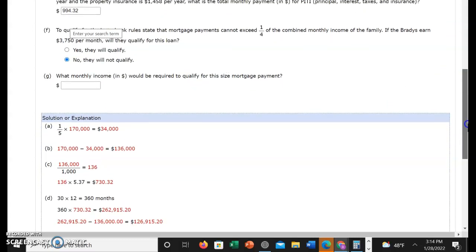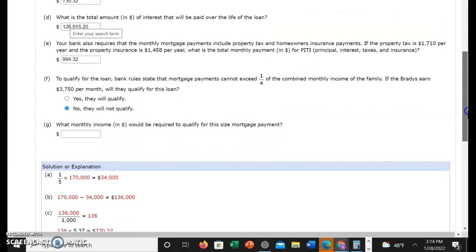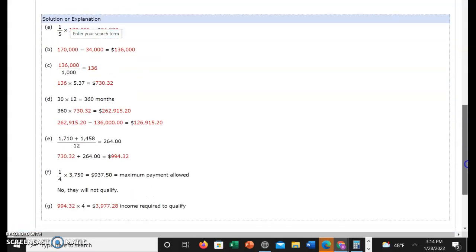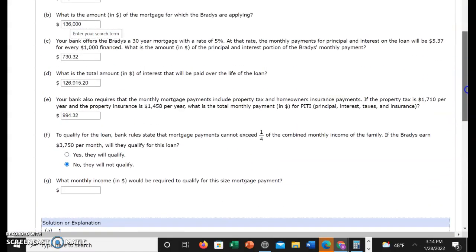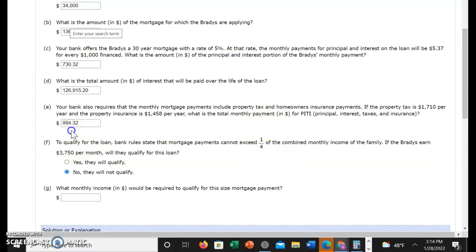All right, what monthly income would be required to qualify for this size mortgage payment? What would the monthly income need to be? Well, first of all, 4 times the amount of the payment.